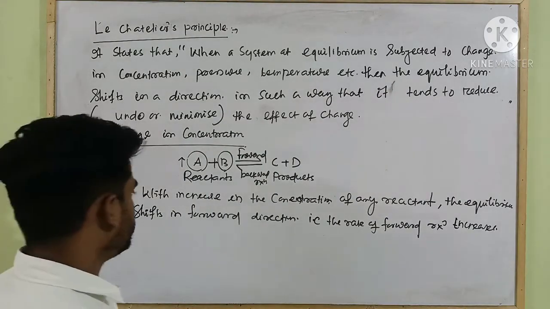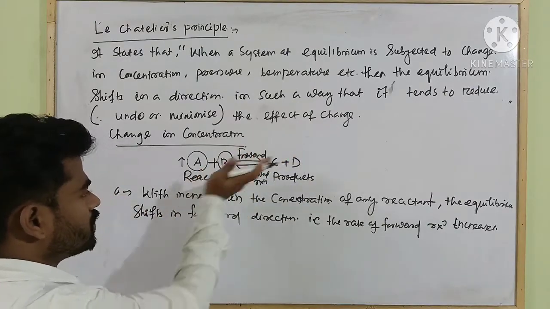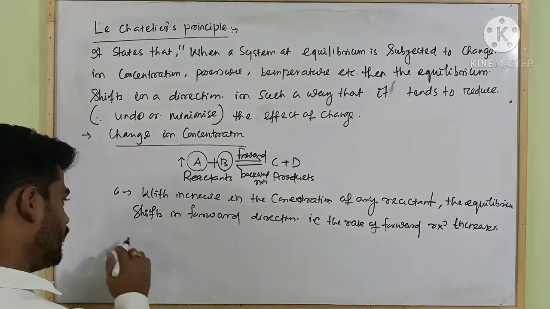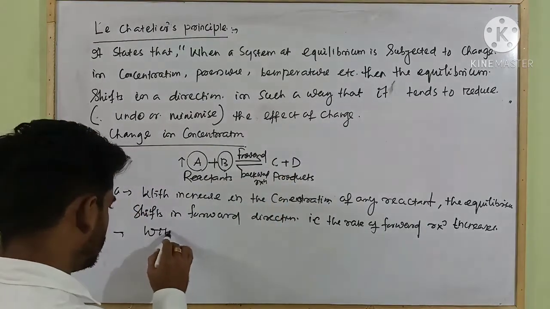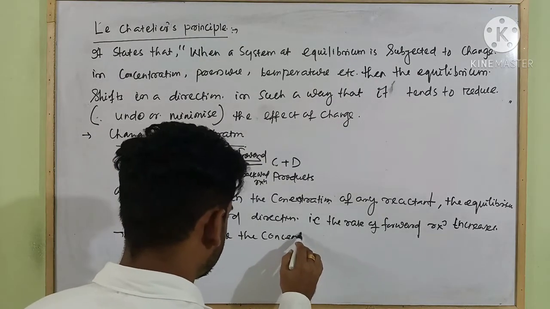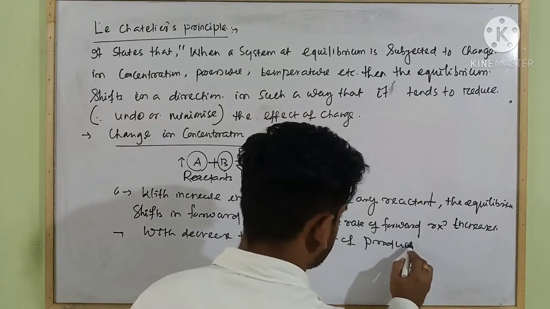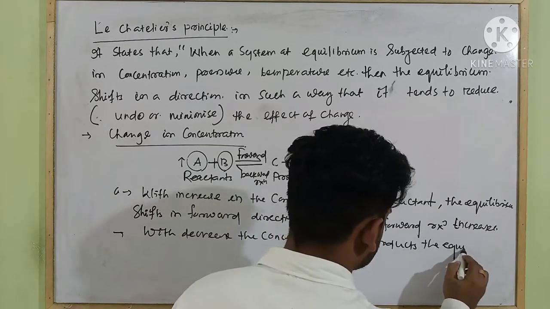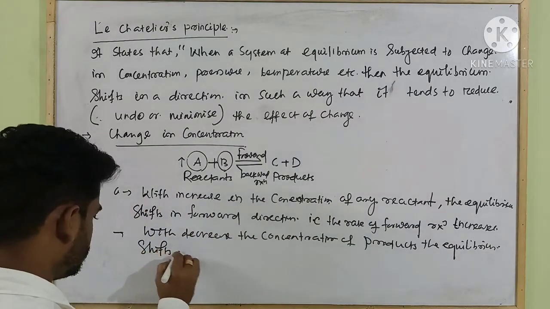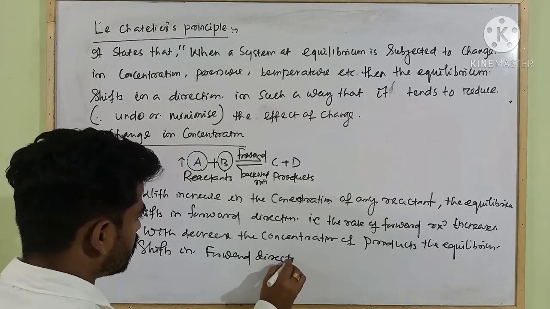Clear? Similarly, if you decrease the concentration of products also, the equilibrium proceeds in the forward direction. The rate of forward reaction increases to minimize that loss. Again I can write, with decrease in the concentration of products, the equilibrium shifts in the forward direction.